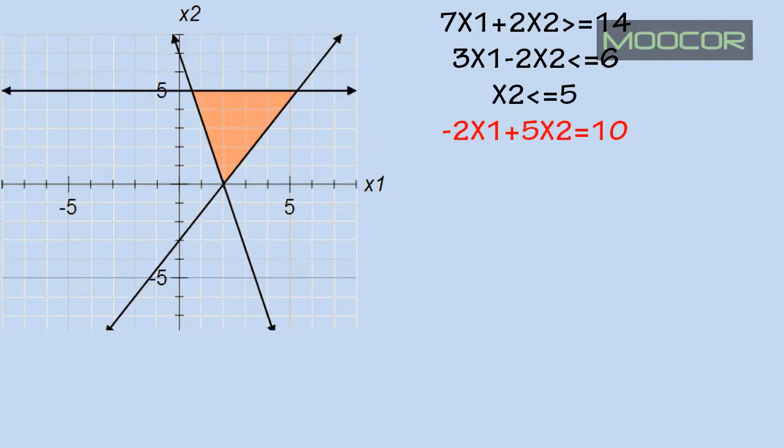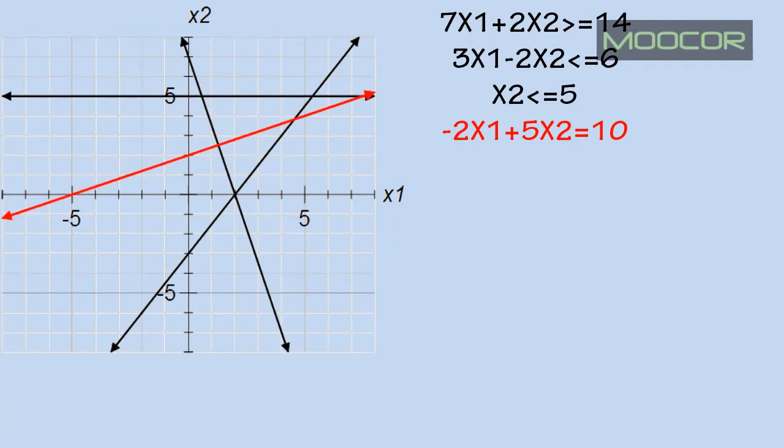Now, the 4th line is in the form of an equation. We will plot the line the same way that we have been plotting the other ones. Now this line passes through the feasible region, so you can see that the only acceptable solutions are the piece of the line which is inside the feasible region.